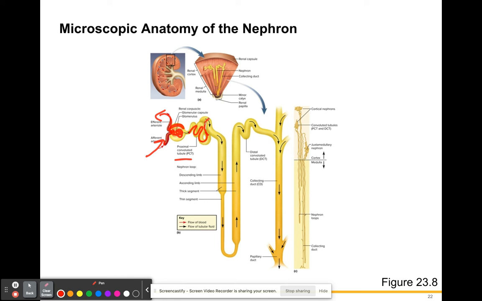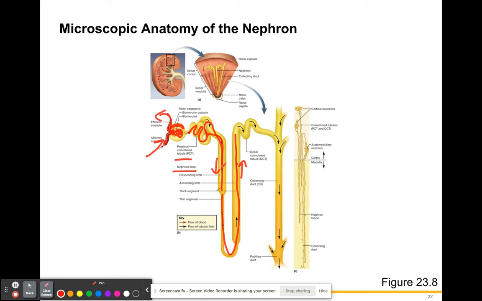And then we get to the loop of Henle, or the nephron loop. Okay, and this is the nephron loop. It's this big U-shaped structure. We have our ascending limb here going up, and our descending limb here going down.